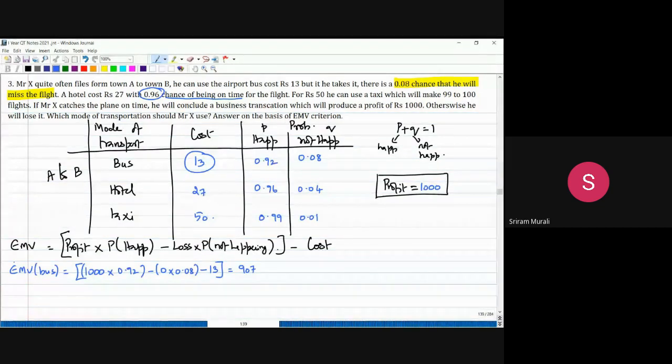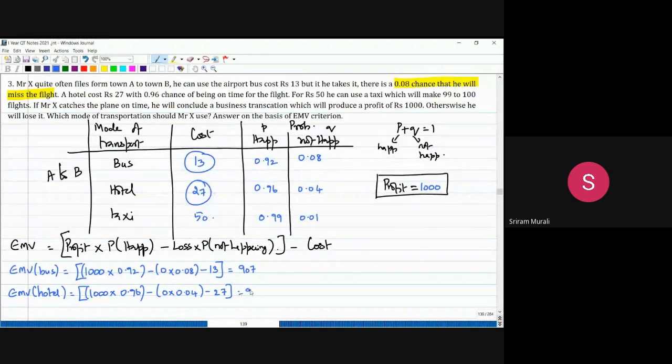If you come to the next one, what is the expected monetary value of hotel? This is equal to 1000 into 0.96 minus 0 into 0.04, there is no loss because loss is not given to us. Only profit is 1000. Loss he doesn't talk. That's why I take loss as 0. So this is minus 27 is the cost.